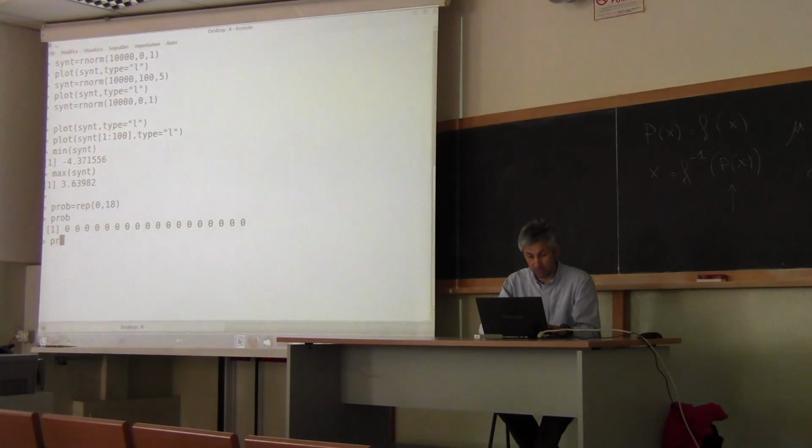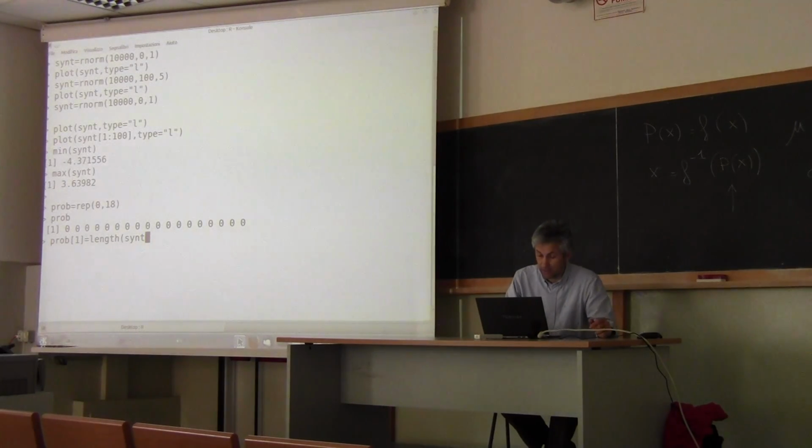So let me say that prob1 is equal to, how can I count the number of observations in the range minus 4.5 to minus 4? I have an idea, let's see if it works. Length of Sint, but not the overall length of Sint, because it's 10,000, I know it.